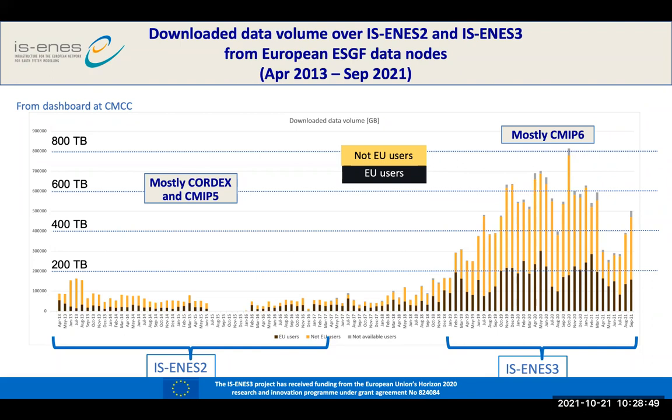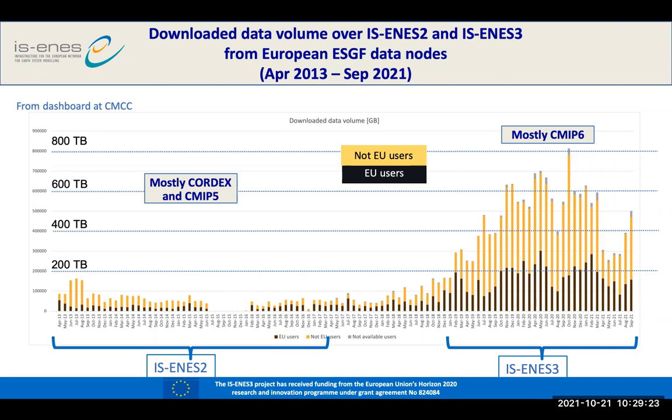And you see the amount of data shared each month, downloaded from the European data nodes. Now we reach values of the order of 400 terabytes exchanged each month just by the European data nodes, with users being either EU users in brown, and in yellow, all the other continents also accessing data.